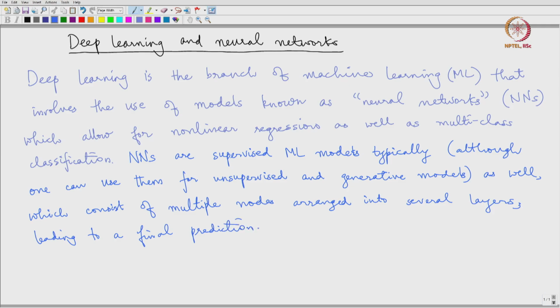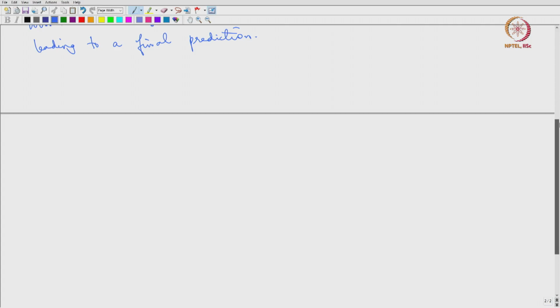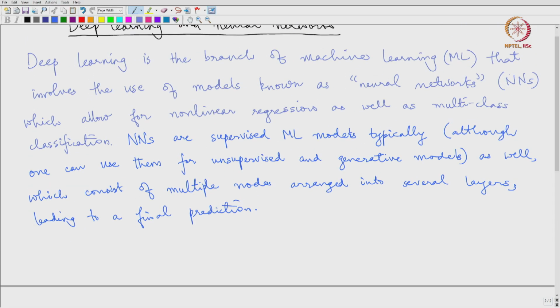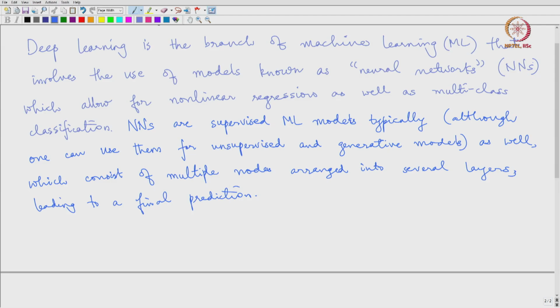Okay, so you have several nodes and these lead you to a final prediction that you are interested in. So, depending on the engineering discipline that you belong to, you may want to predict various target variables, they could be continuous, they could be discrete and so on and so forth. Now, what are these layers we are talking about? So, we have given names to these layers depending on where in the neural network they exist.